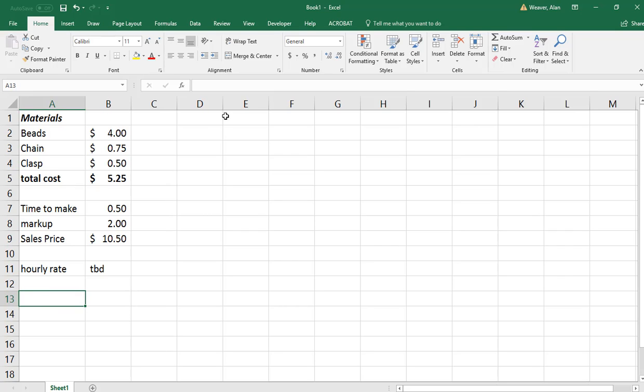Other thing too, when you're selling it, you've got to figure out other things too. If you're really making money off of this, let's say you're going to craft shows, selling.